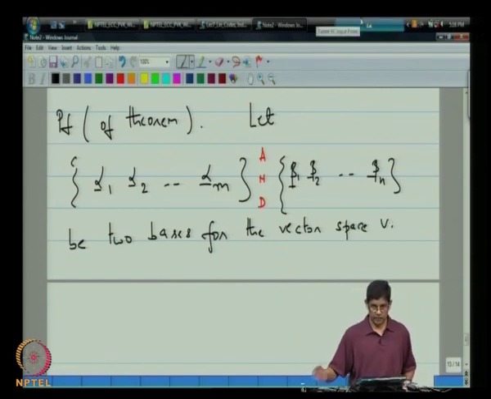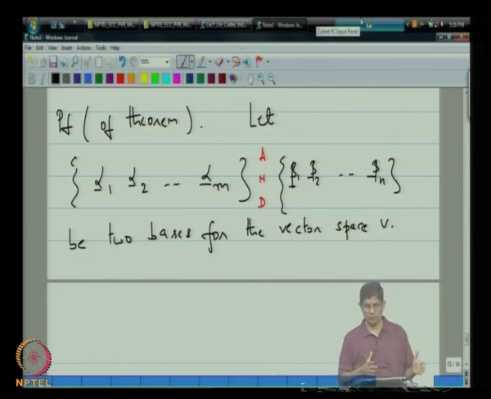So, now you have two different bases, one seems to have m elements, the other seems to have n elements. Now, let us regard the basis consisting of the vectors alpha i as a kind of a reference. So, think of that as a reference, and then let us examine the vector set beta j in terms of this reference.